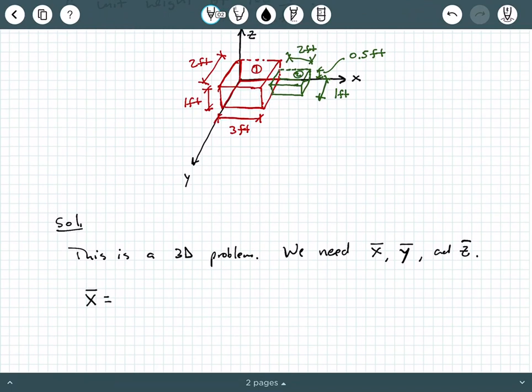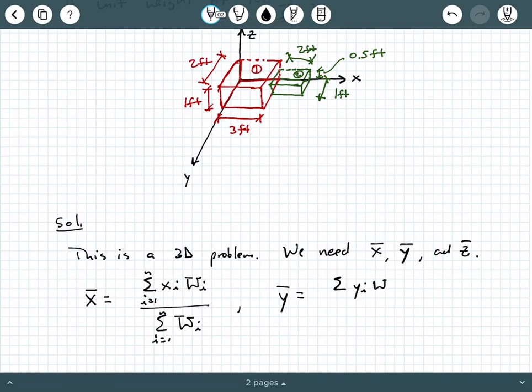If we remember from center of gravity, we have x bar equals the sum of x sub i times w sub i, as i goes from 1 to n, divided by the summation of w sub i as i goes from 1 to n.